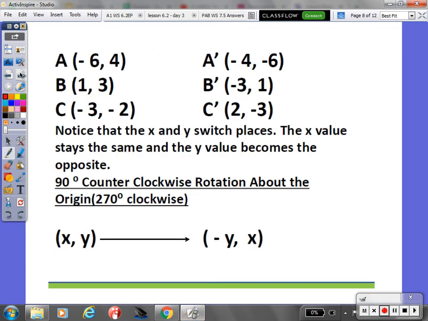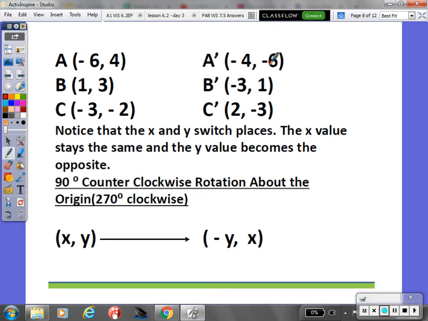So X and Y still flip-flop, X stays what it was, and the Y has to become the opposite of what it started. Because if we started in quadrant 1, that 90 degree rotation counterclockwise, the X coordinate now needs to be negative, and it's the opposite of what the Y started as.